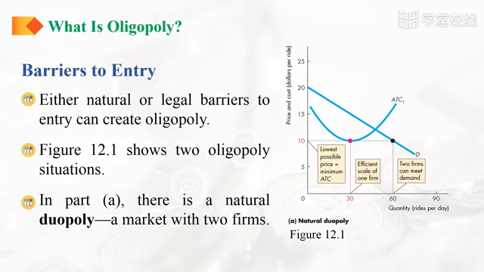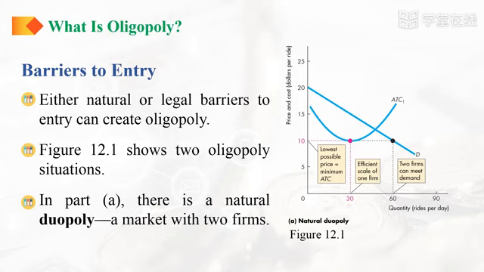Some cities have only two taxi companies, two car rental firms, two copy centers, or two college bookstores. The lowest price at which a firm can remain in business is $10 a ride. At that price, the quantity of rides demanded is 60 a day. That quantity can be provided by just two firms. There is no room in this market for three firms.